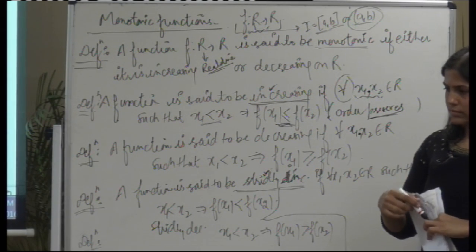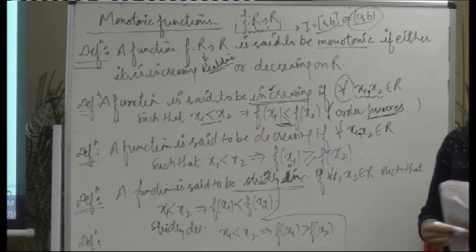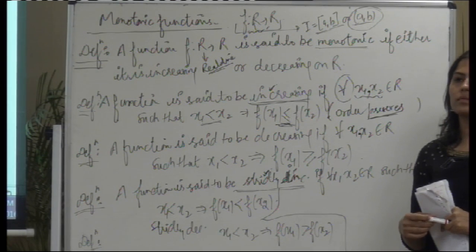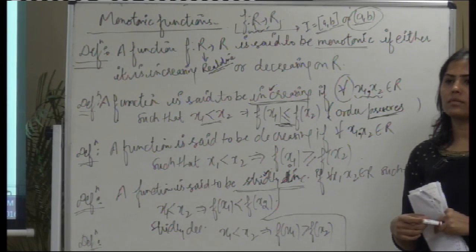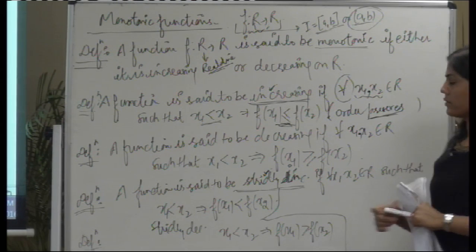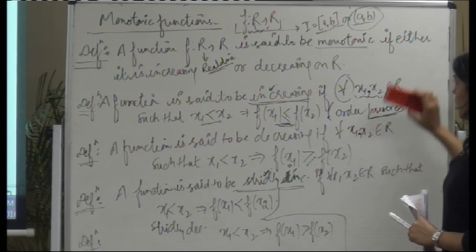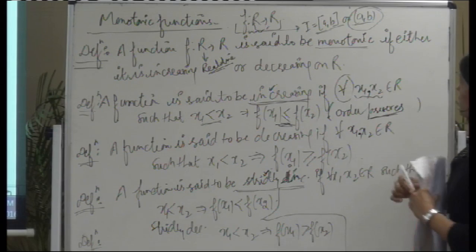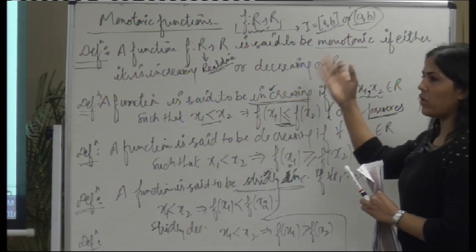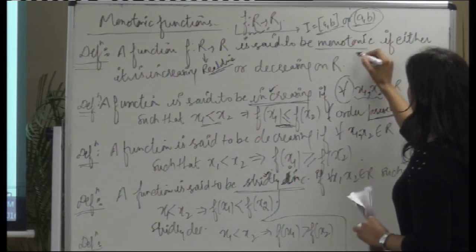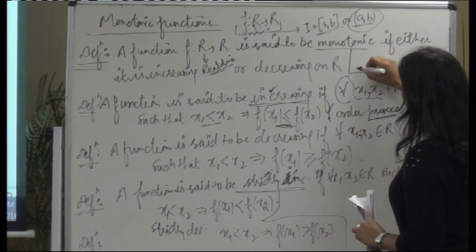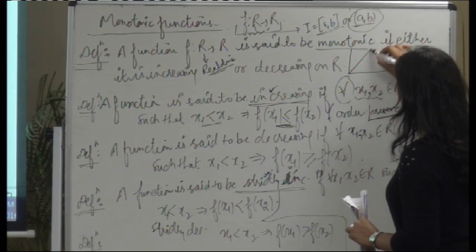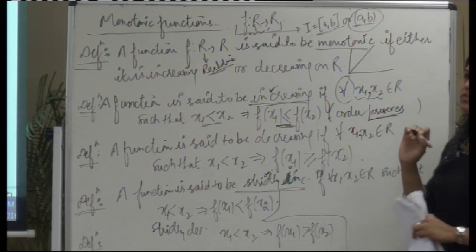Done? One by one I'll explain. Monotonic means it is either increasing or decreasing. So I'm drawing small graphs. Now what about this function? How do we check?